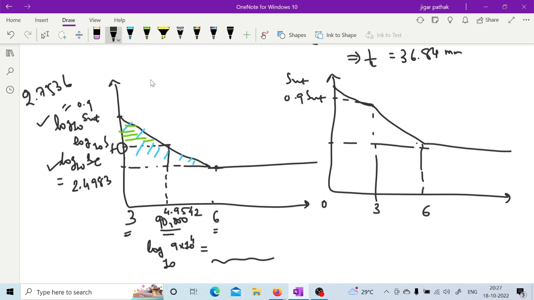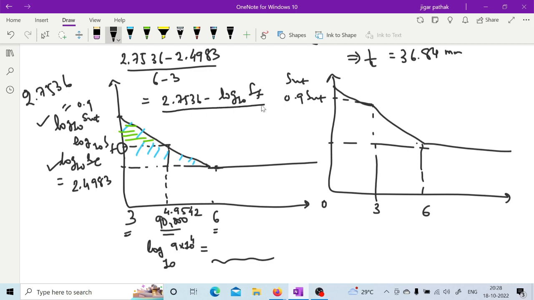See, what is going to happen is, if you consider this related to 6, in this triangle you have 2.7536 minus 2.4983, over 6 minus 3, which can be made equal to 2.7536 minus log 10 SF, upon this 6, I guess.